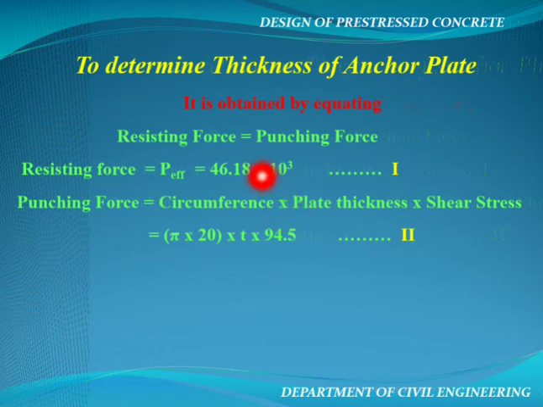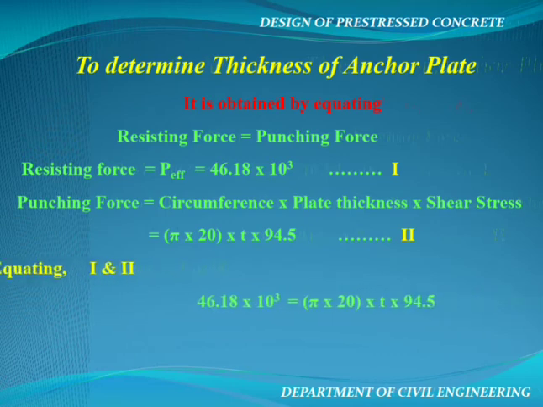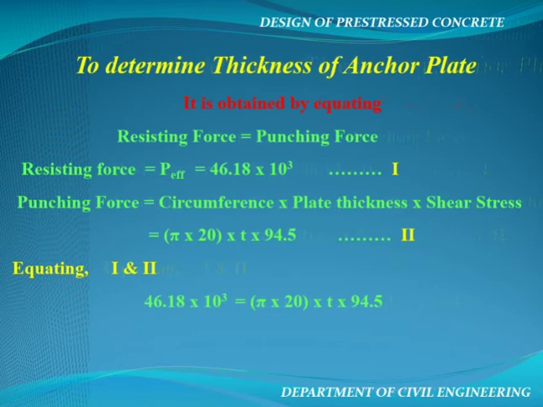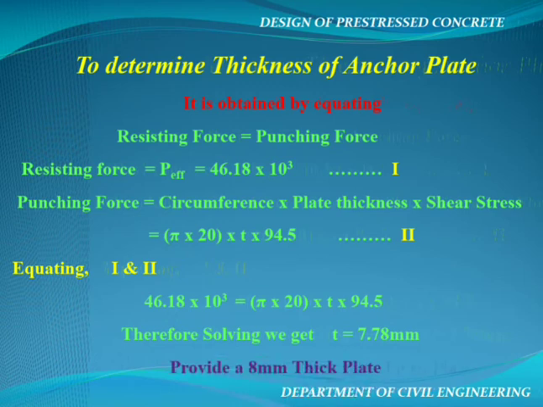So now we have two equations: equation 1 is for the resisting force, equation 2 is for the punching force. When we equate equation 1 and 2, the only unknown will be T, and solving we get the value of T as 7.78 mm. Therefore, we can provide a plate of 8 mm thickness.